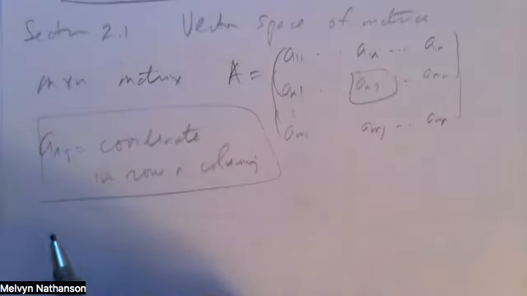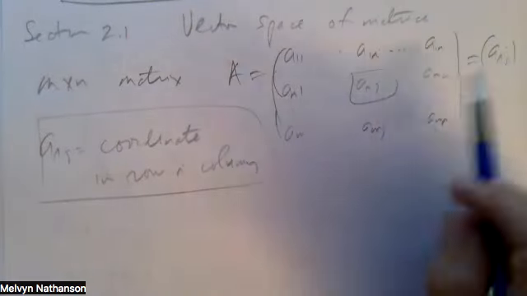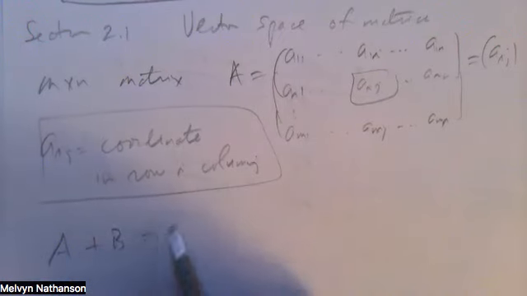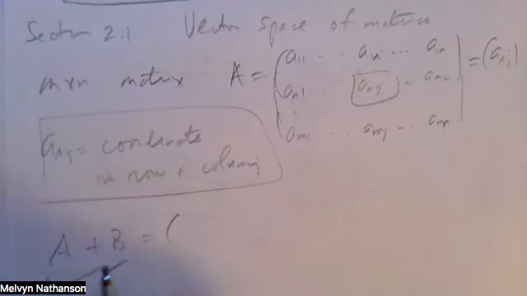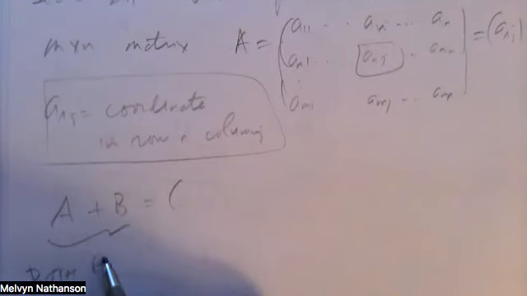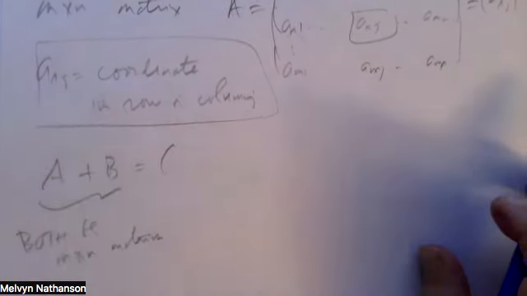And you can add and subtract matrices, and then we usually just write this as AIJ in parentheses, without writing this whole thing out. So if you have two matrices, A plus B, they have to have the same dimensions, they must both be M by N matrices. You cannot add matrices that have different rectangular shapes.